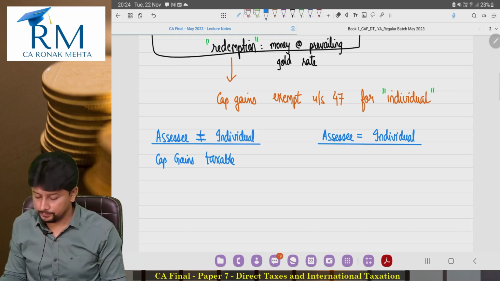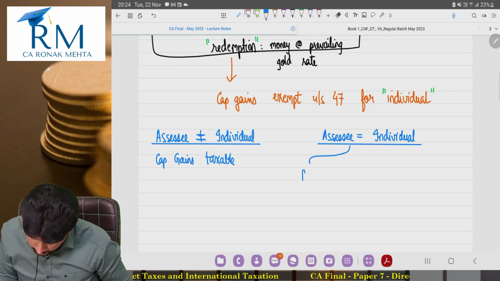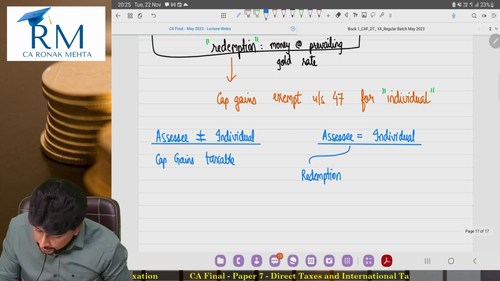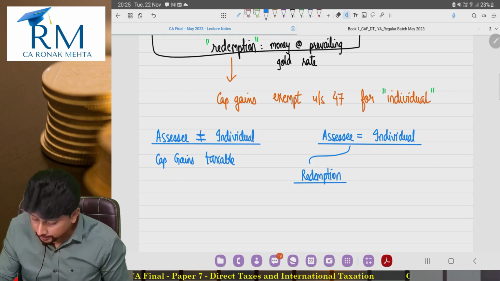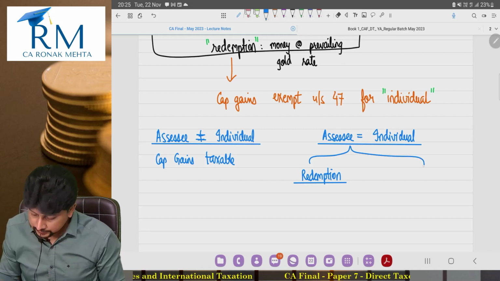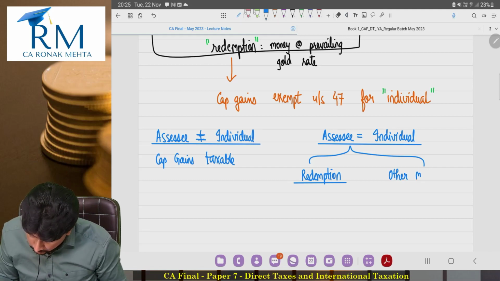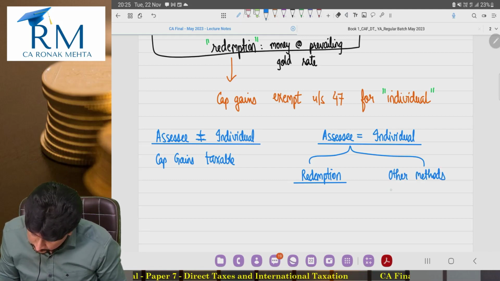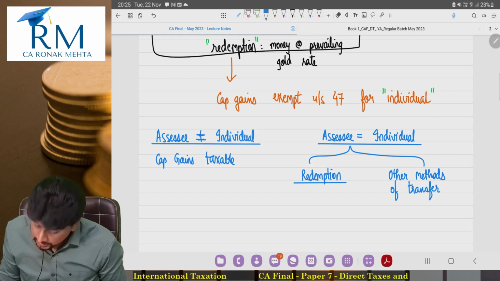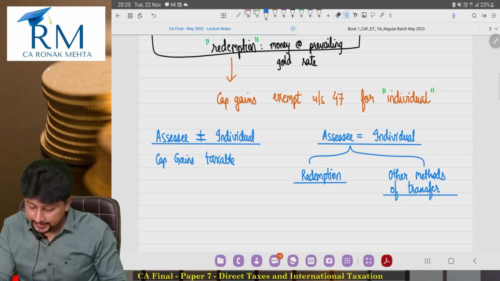Acha sir, is exemption allowed every time? Nahi. Exemption is allowed only if the event is redemption. If you keep the gold bonds right up to the end, only then we'll give you the exemption. That means if this individual goes for other methods of transfer, sale, exchange, conversion of this into stock in trade, sir, then there is no exemption.